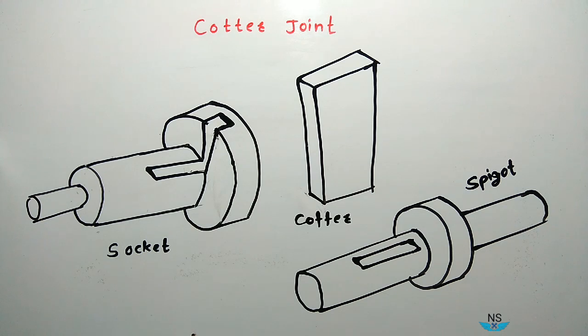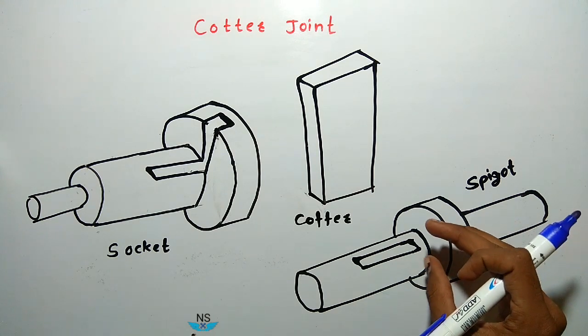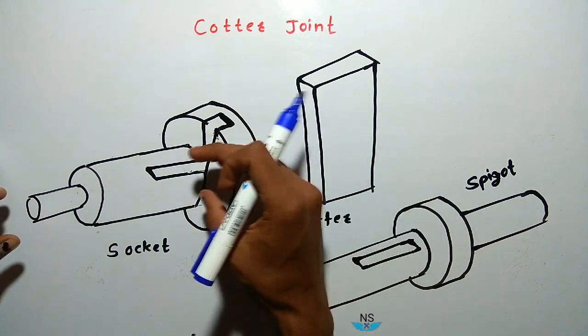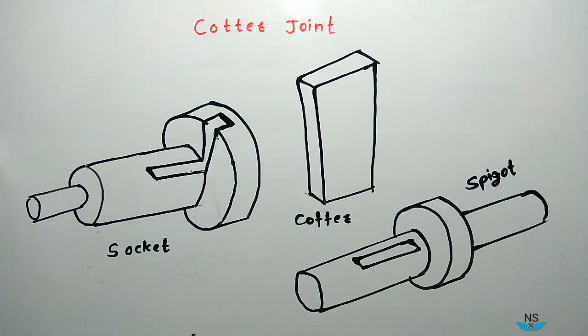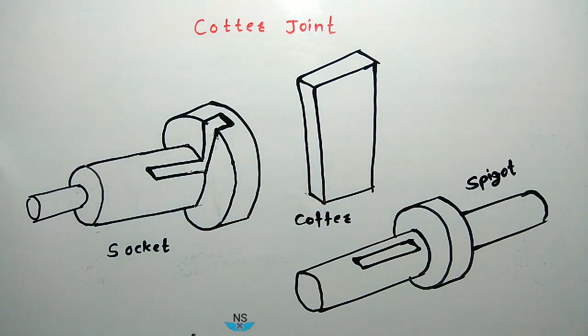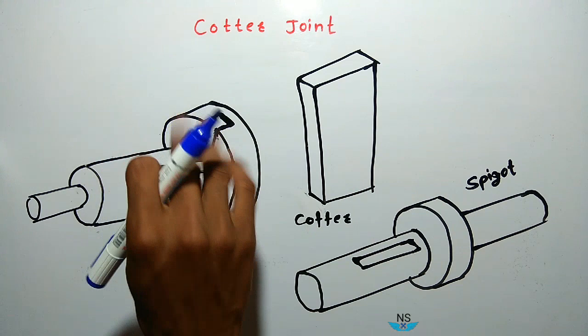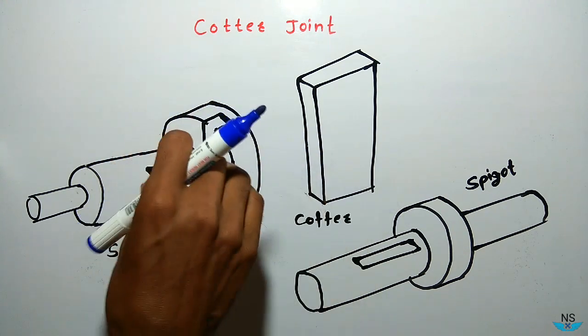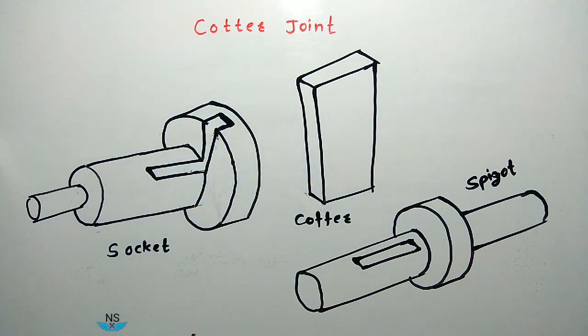These are the three basic elements of the cutter joint. This spigot fits inside this socket, and the cutter is inserted in the slot. The cutter is tightly fitted inside this slot.